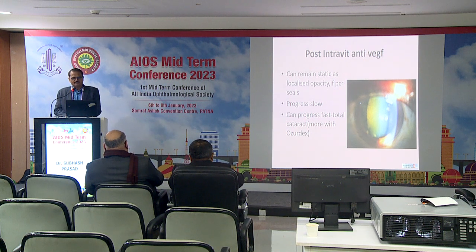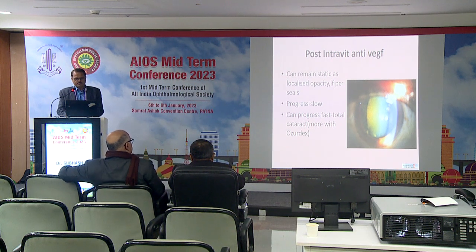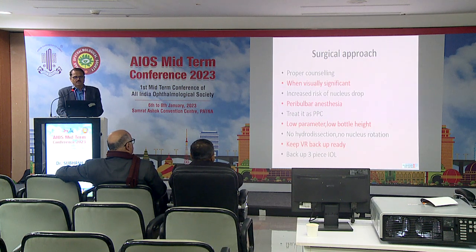If there is a touch to the posterior capsule, the PCR can remain sealed, so sometimes there may not be progression of cataract, but if there is a bigger touch, it can progress very fast, like in Ozurdex injections.